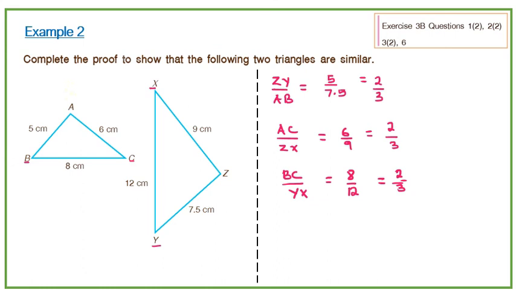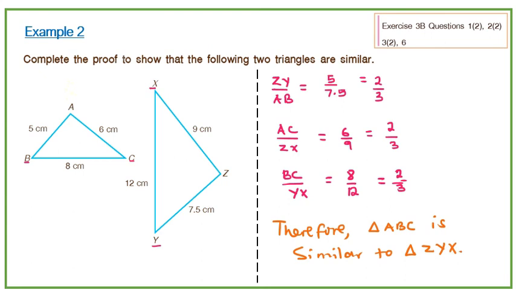Remember, we need to consider the corresponding sides. So for this case, you can see that all the ratios of the corresponding sides are equal. So if they are equal, therefore triangle ABC is similar to triangle ZYX.